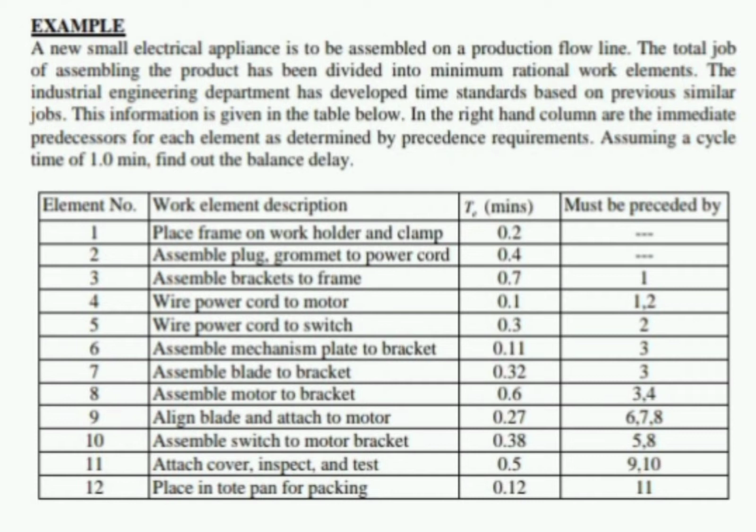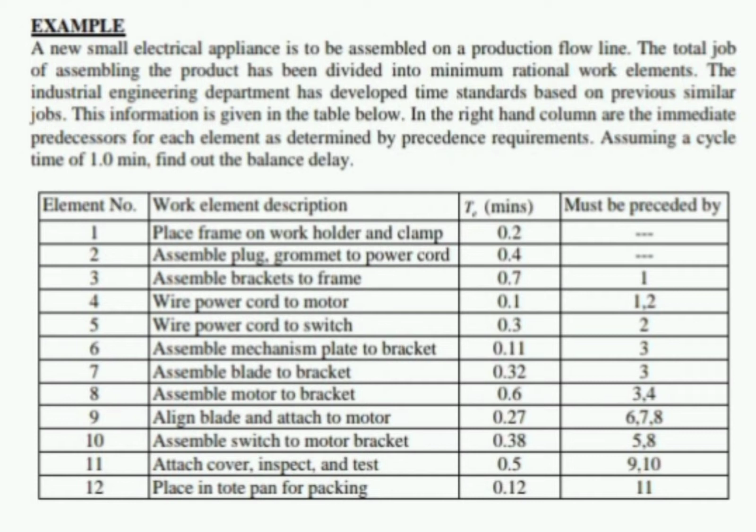So let me read out the problem statement. A new small electrical appliance is to be assembled on a production flow line. The total job of assembling the product has been divided into minimum rational work elements.